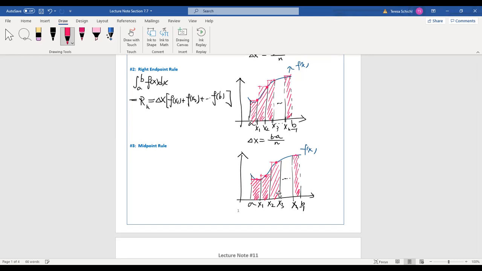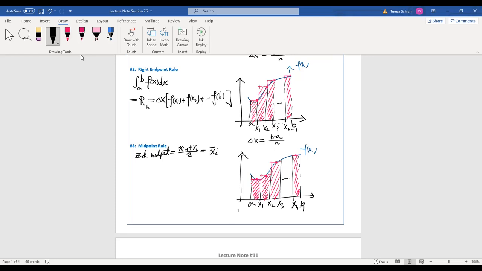So each subinterval has a midpoint, right? How do I find the midpoints? It will just be x_{i-1} plus x_i divided by 2, right? So I can say this is the average, and I use x bar i to represent it.